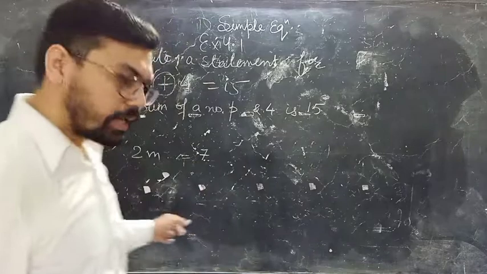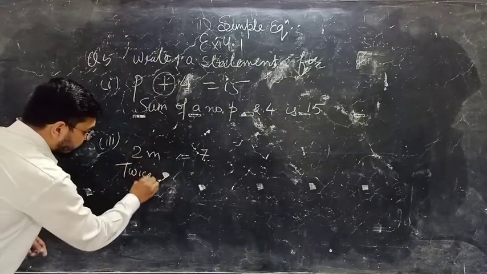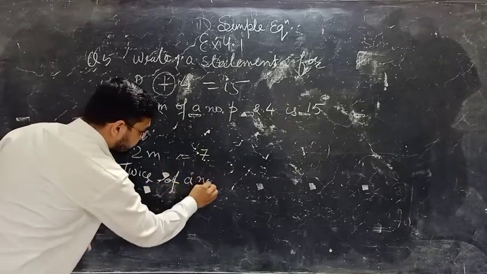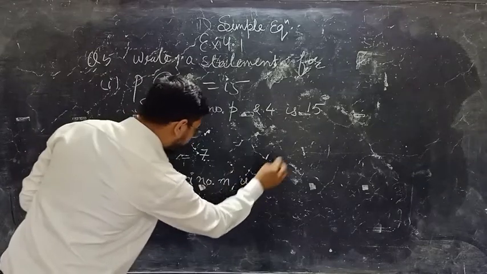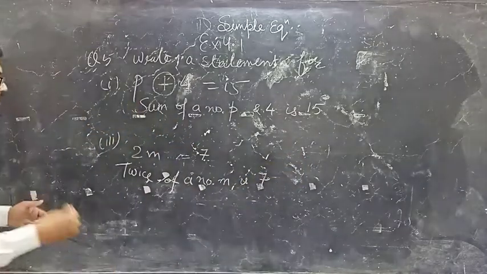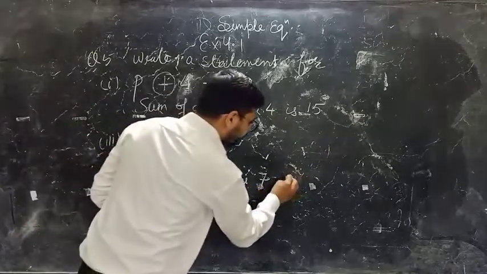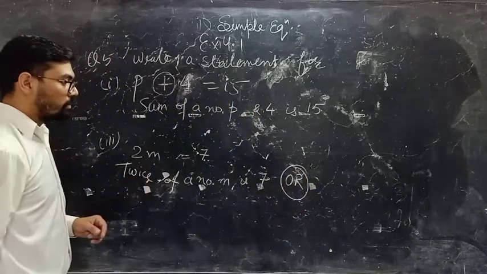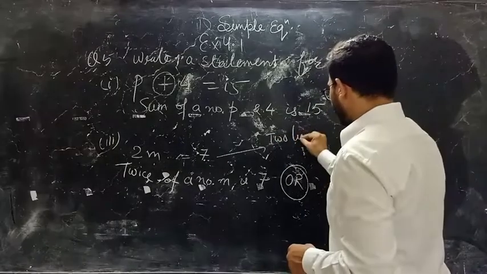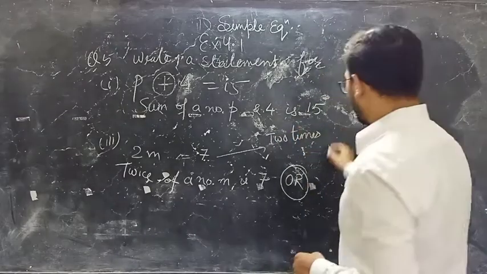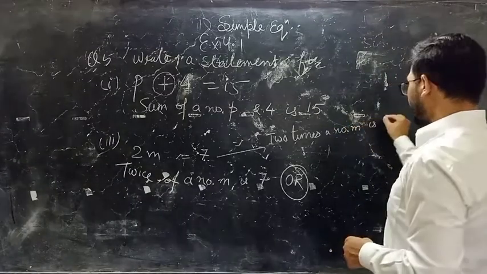That means you can write twice of a number m is 7, or you can write 2 times a number m, or the other statement you can write for the same, 2 times a number m is 7.